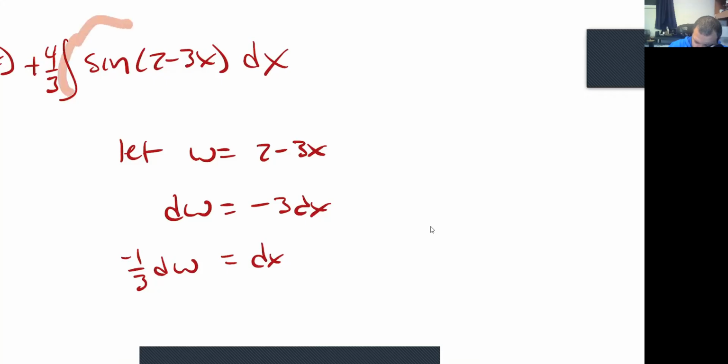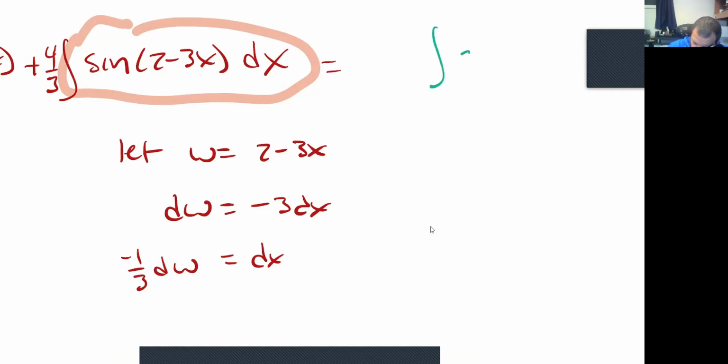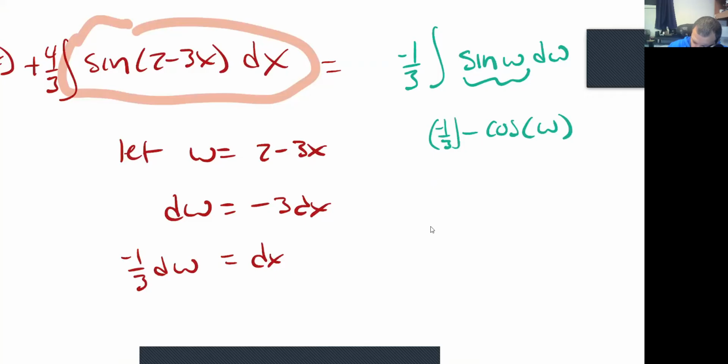If I just look at this antiderivative, we're going to get the antiderivative of the sine of w times negative 1/3 dw. And we know that sine comes from negative cosine of w times negative 1/3.